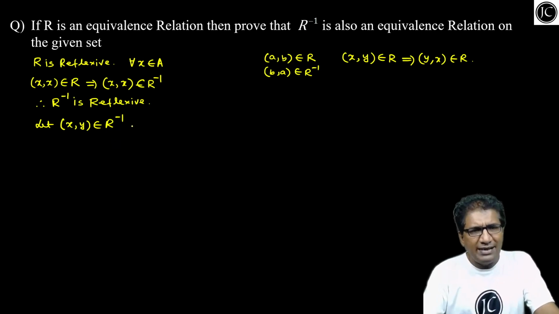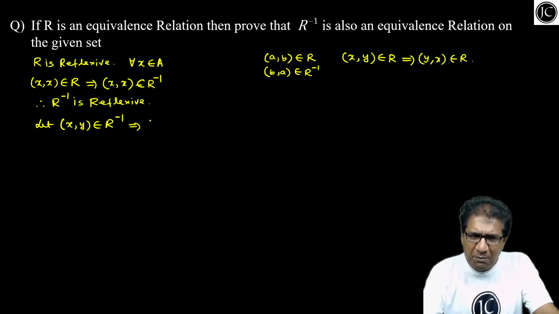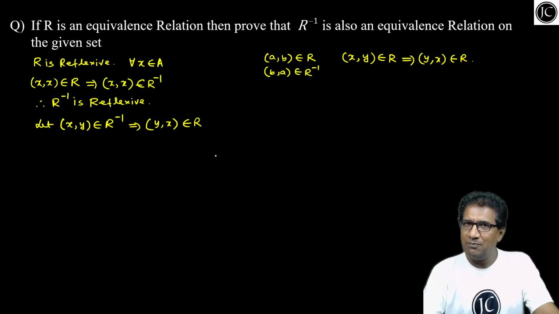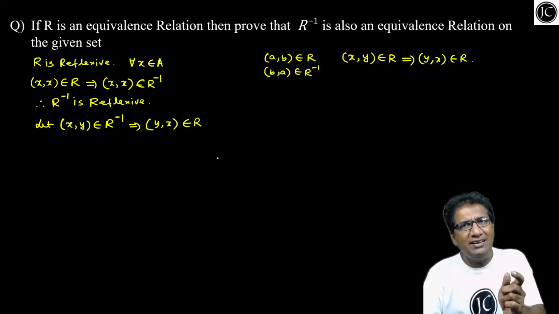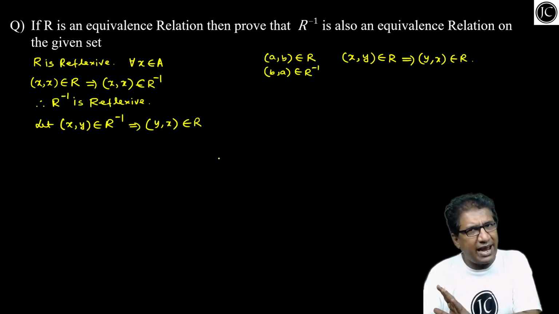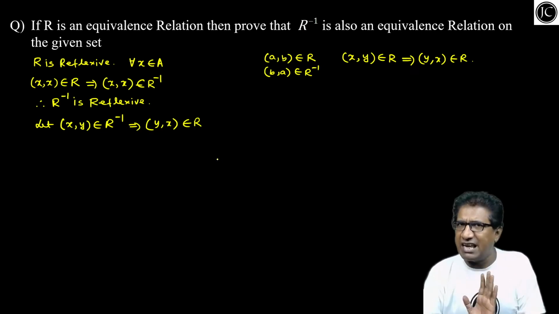Now, as (x, y) belongs to R inverse, it means (y, x) belongs to R. Now as R is symmetric, because R is an equivalence relation as they have said, R is symmetric at the same time.